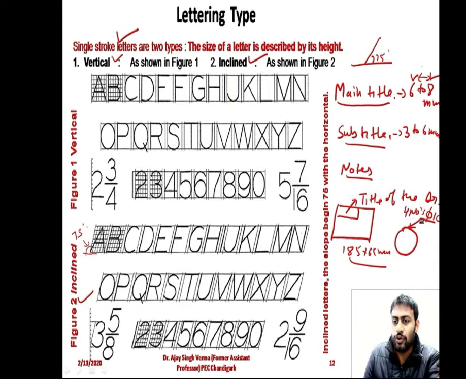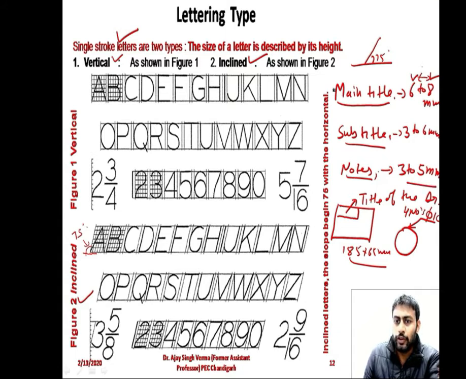So it means 4 numbers of 10 diameter holes are there in your object. These 4 numbers and the 10 you have to represent as notes or dimension words. Dimension words and notes have a letter size of 3 to 5 mm. Is it clear?